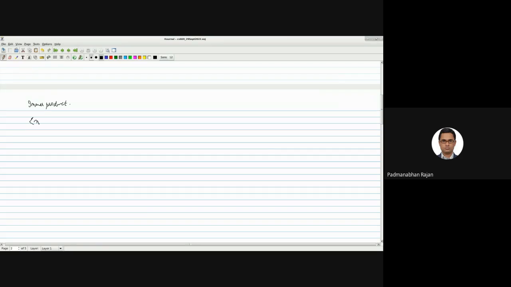An inner product between x and y, we write it like this, and the inner product induces the norm given by this. This is the induced norm, the norm induced by the inner product.